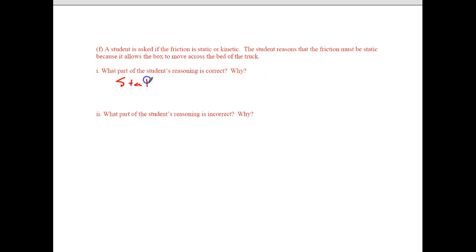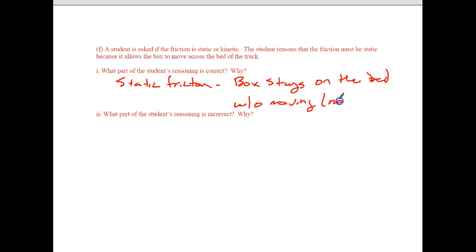Static friction is correct. And it's because the box stays on the bed without moving. Now that's without moving relative to the bed, so we can say no sliding.